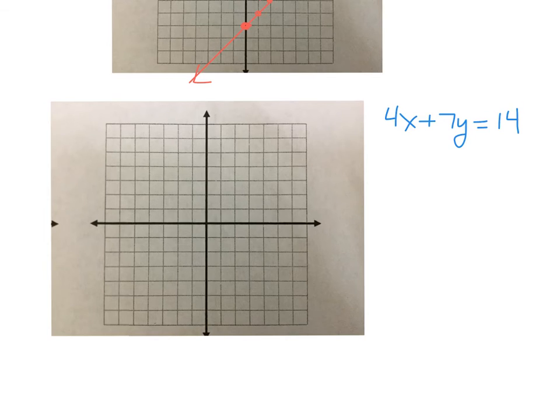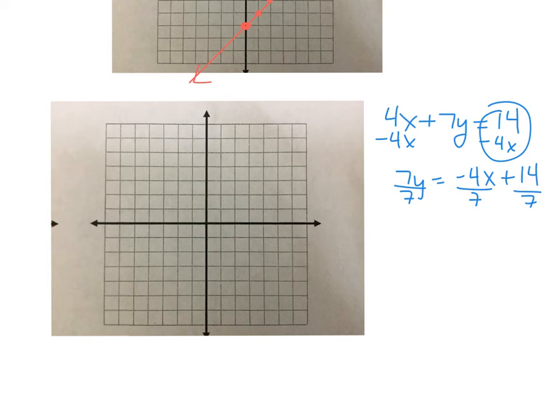We don't have the standard form down yet, so you need to convert it into slope-intercept form, which means you're going to subtract 4x from both sides. So it's 7y equals negative 4x plus 14. Remember, you can't combine those because one's got an x and one doesn't. Then you divide by 7. So you have y equals negative 4/7 x plus 2.